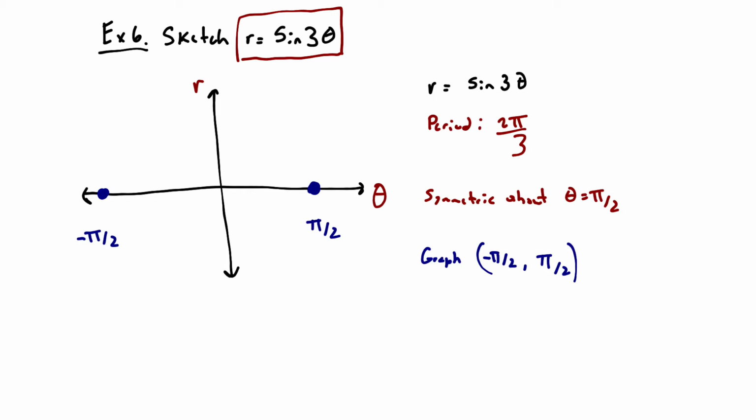Let's add in our theta values where our graph hits either 0, 1, or negative 1. Now sketching out our graph, we'll get a graph that looks like the following.